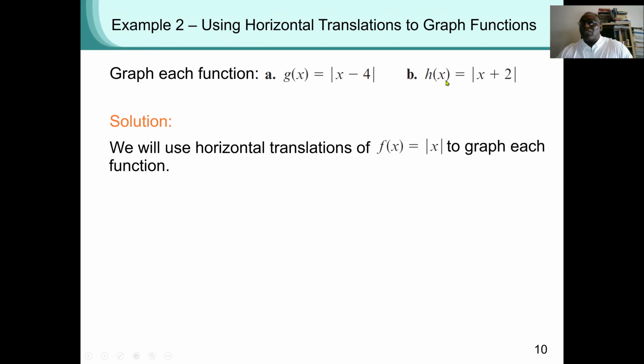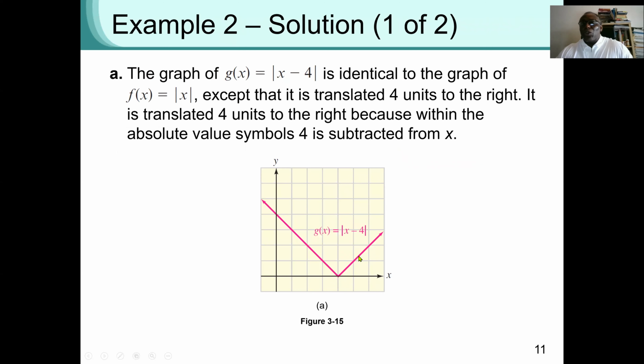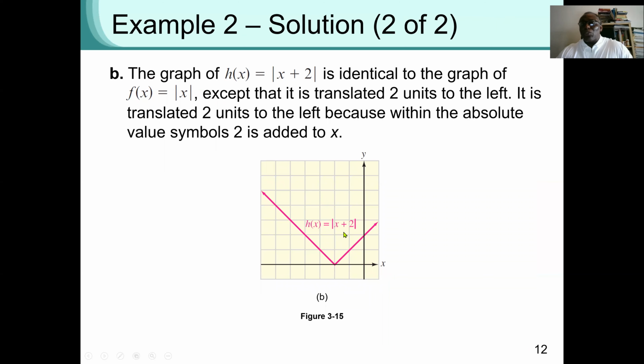This is g at x, x plus 2. I'm going to translate it to my right 2 units horizontally. So this is what we get for x minus 4. We can see it move from the original center 0 to 4 because we translate it 4 units. And the same thing applies to the second one, plus 2. It goes to the left 2 units.